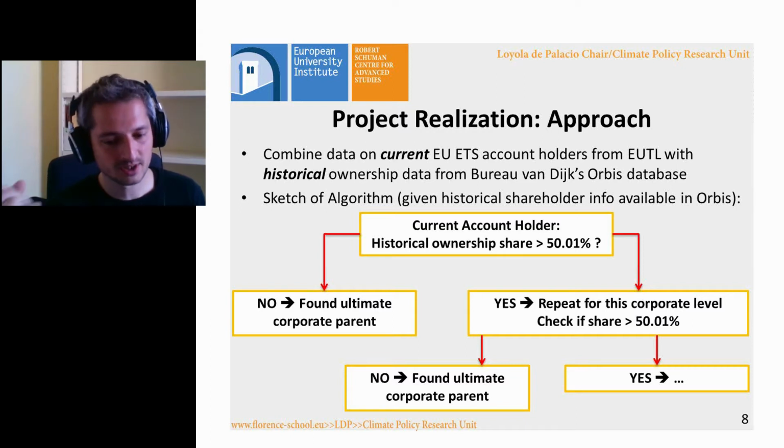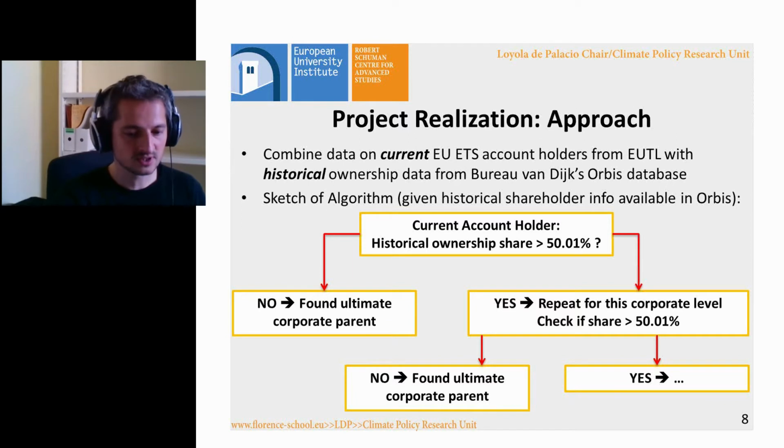So we do not observe if there was a difference between holders from 2005 to 2006 to 2007 to 2008 to now. We have to assume that the company registered as the current holder was also the holder during phase 1.